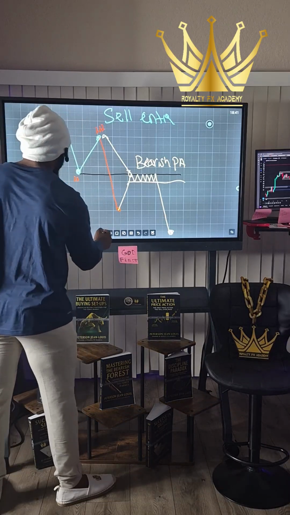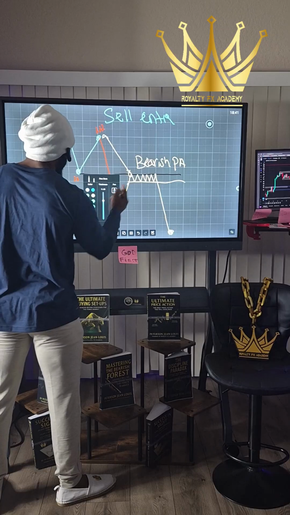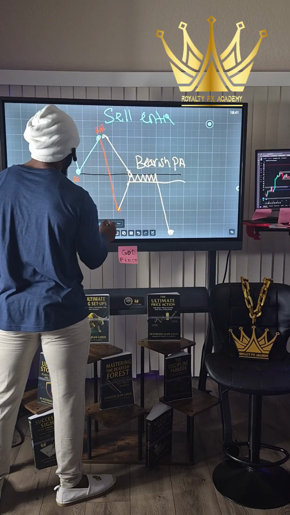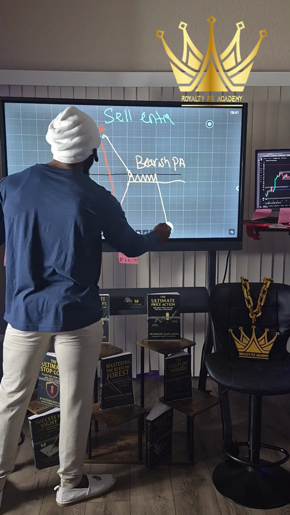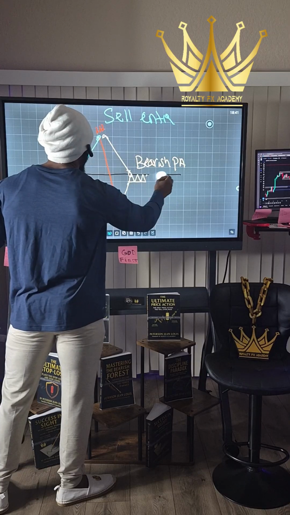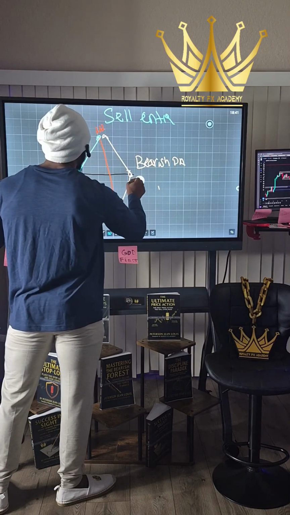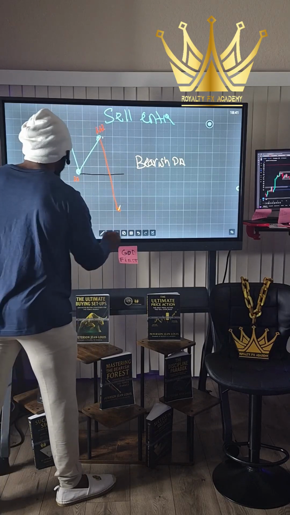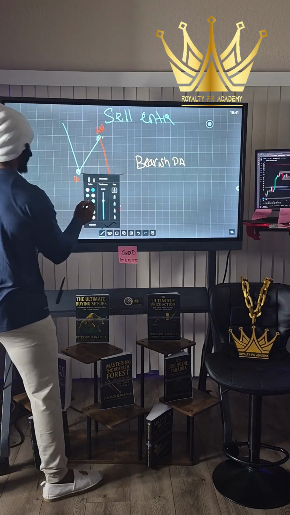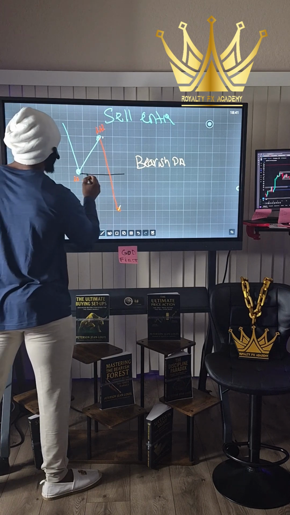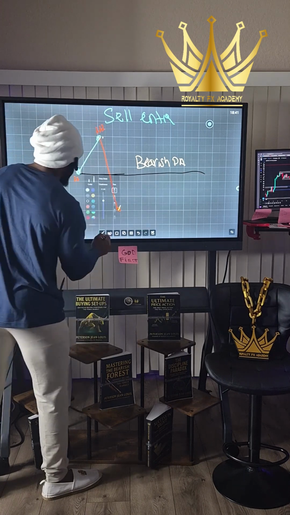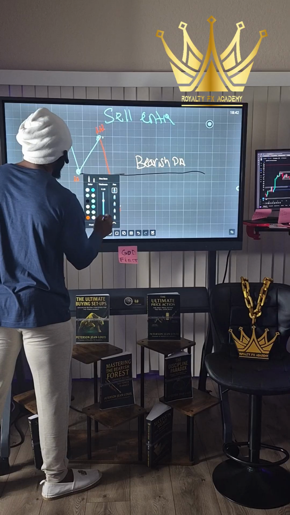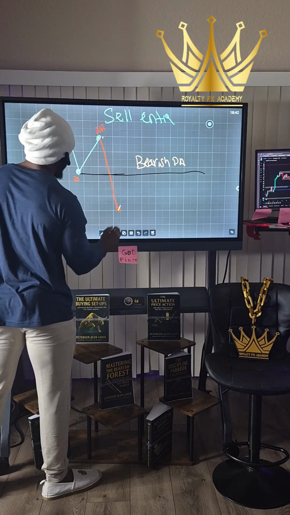Okay. Now, let's go ahead and look at a different aspect of it, of when the market would naturally go up, right? How it might go up. Same zone. Okay. Same zone. And here is the market going up. Okay.